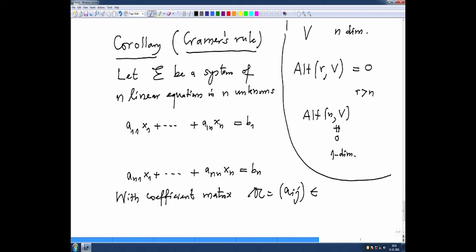This is an n cross n matrix over a field K. And remember, when we used Gauss elimination, we noticed that if you want to write down the solutions of this linear system of equations, then first one finds one solution by ad hoc trial and error.